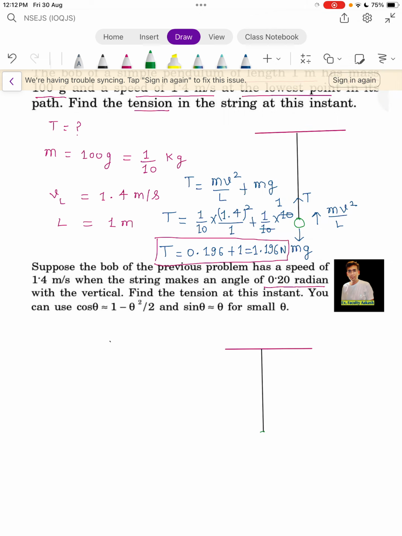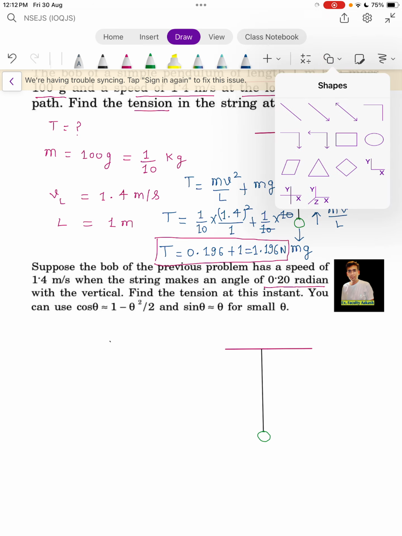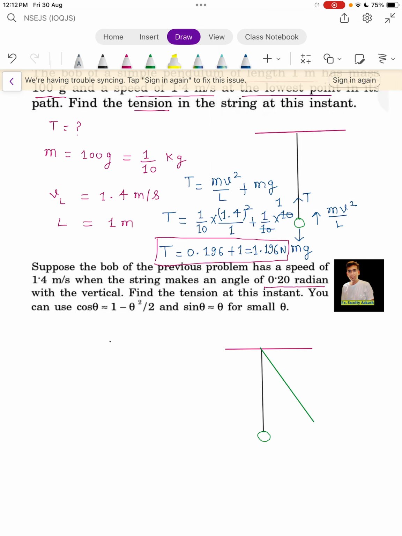this is the bob, and let us say this angle is 0.2 radian.